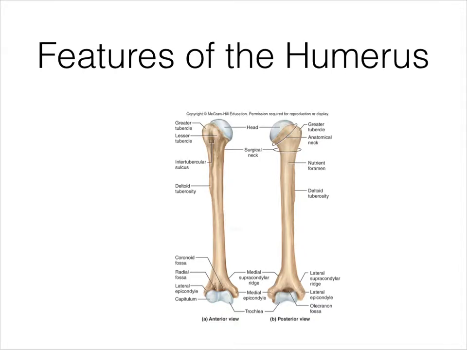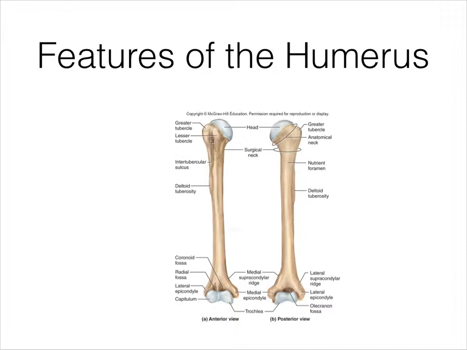Here on the humerus, right? So the greater tubercle here and here, and a lesser tubercle there, basically fulfill the same role as epicondyles. They are attachment points that are located near the articulatory surface of the head. In between these two tubercles is what's called the intertubercular sulcus. A sulcus is a groove, and intertubercular basically means between the tubercles.